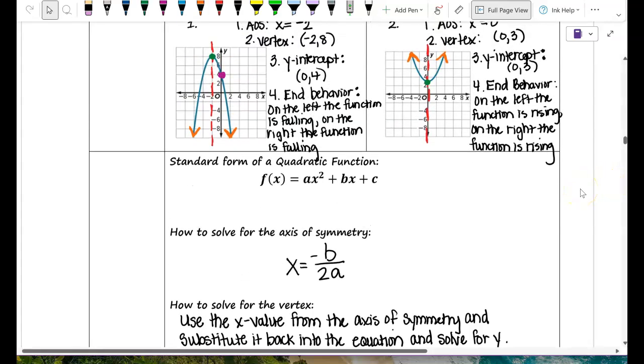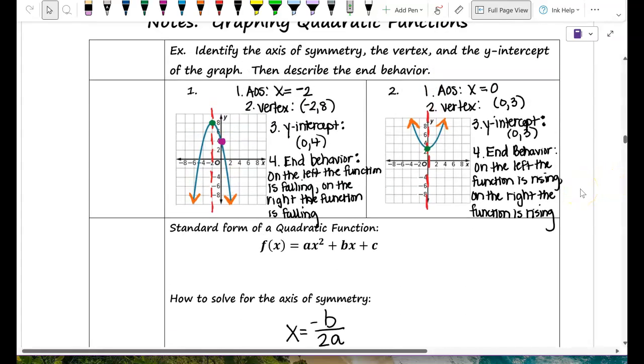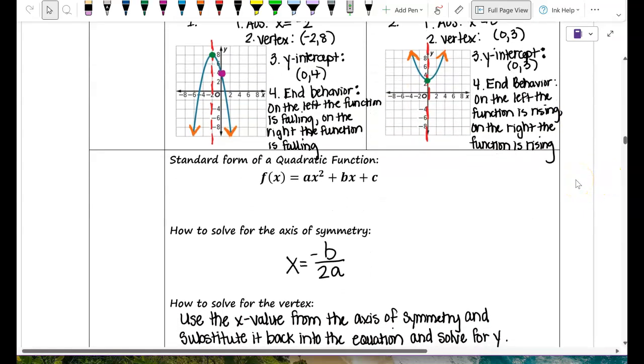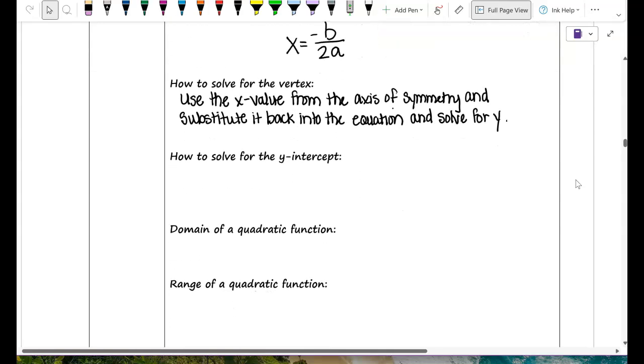I look at both of my answers to the third question. The one on the left with the y-intercept was (0, 4). The one on the right is (0, 3). They both have the same x value. They both have 0. When you cross the y-axis, your x value has to be 0.